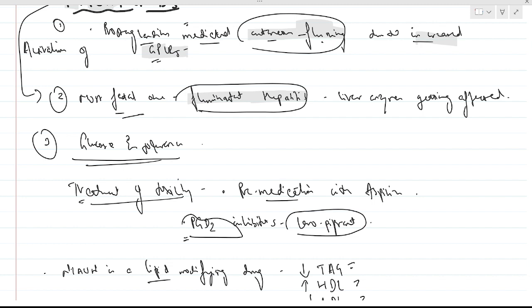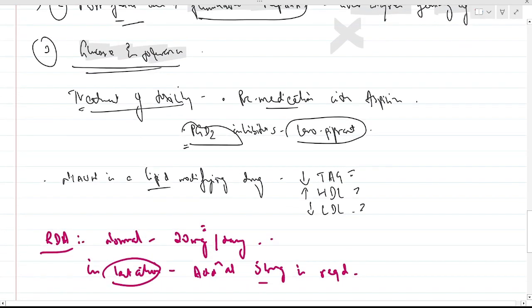As the liver is affected, the liver enzymes are also going to get affected, and many important biochemical reactions in the body are going to stop. The third feature of this toxicity is glucose intolerance. For this toxicity, the treatment is pre-medication with aspirin and PGD2 inhibitors such as laropiprant. Remember, this is laropiprant.